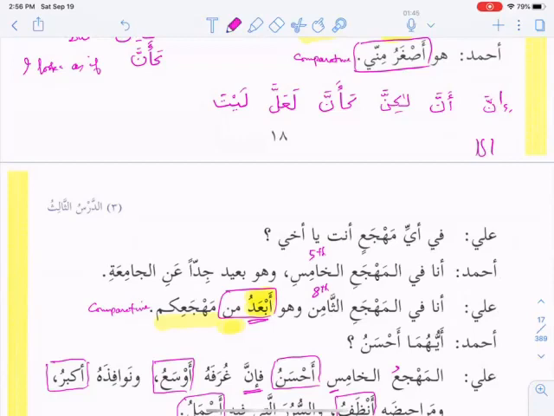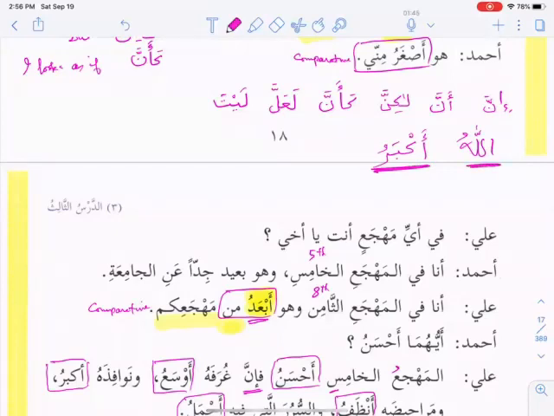We say Allahu Akbaru. See here, this is mamnu min sarf. So you cannot say Allahu Akbarun. You can say Allahu Alimun. But when you say ismu tafdil, superlative degree, Allahu Akbaru.